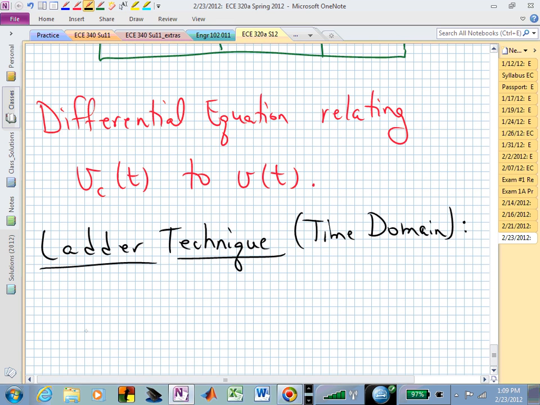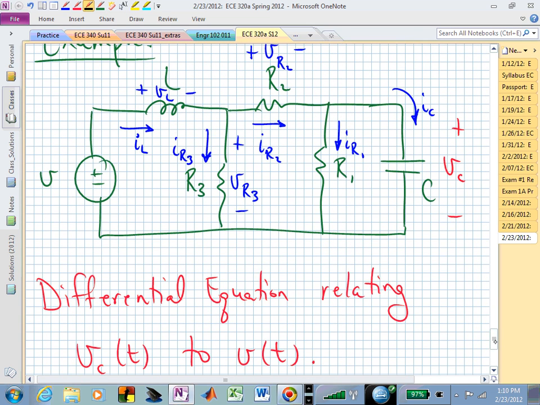And we now know that I sub C, I'm going to be sloppy and not keep track of the time domain arguments, I sub C is C, V sub C prime, and prime is a derivative. There's ice, and that's I sub C. What is I sub R sub 1?